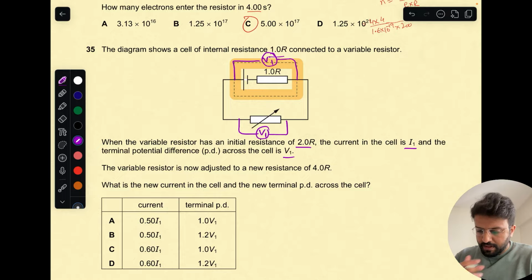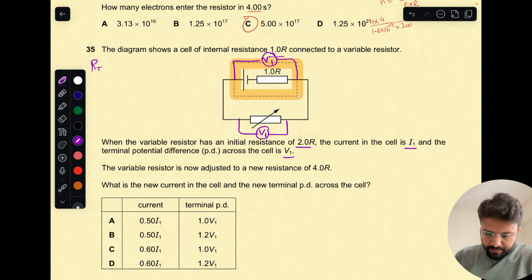Okay, so let's work it out. Previously, the total resistance in the circuit is 1R plus 2R, so this will give you 3R.